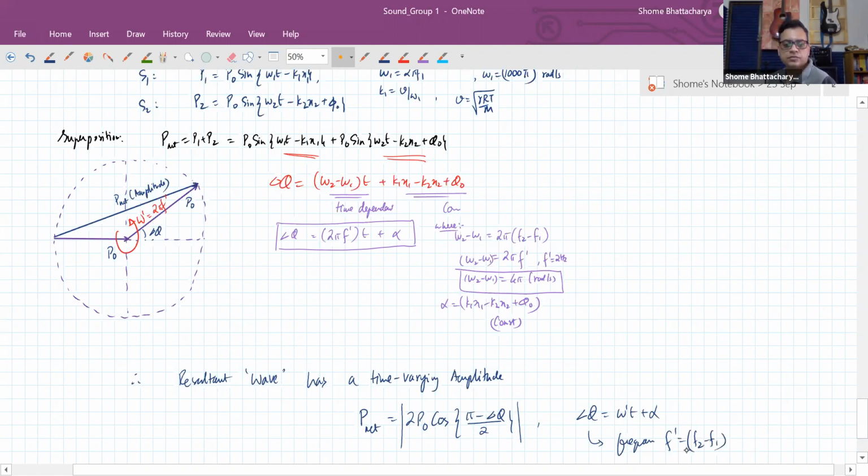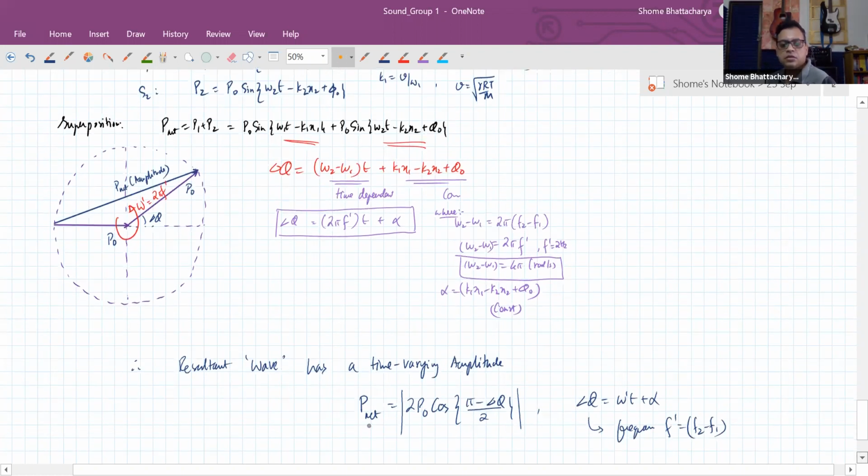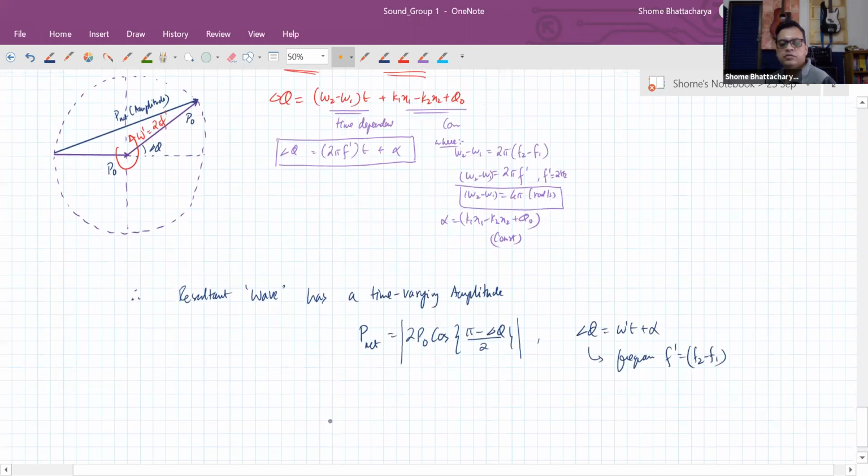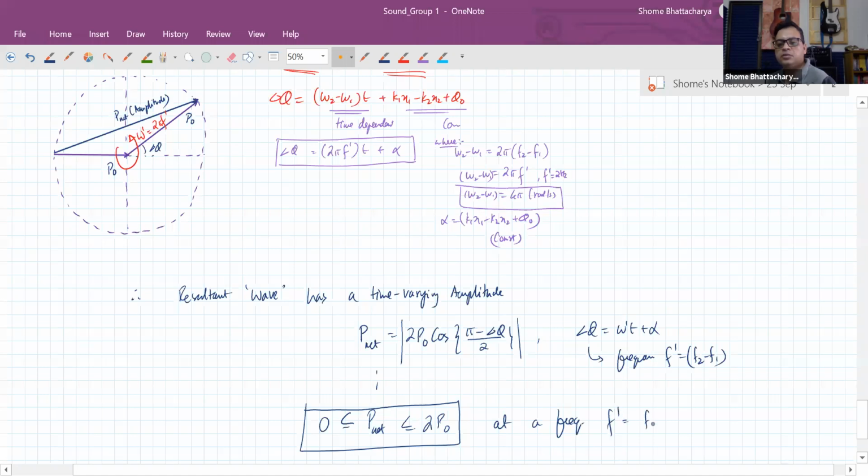So this amplitude varies between 0 and 2 p naught at a frequency of f prime equal to f2 minus f1, which in our particular example was 2 hertz.